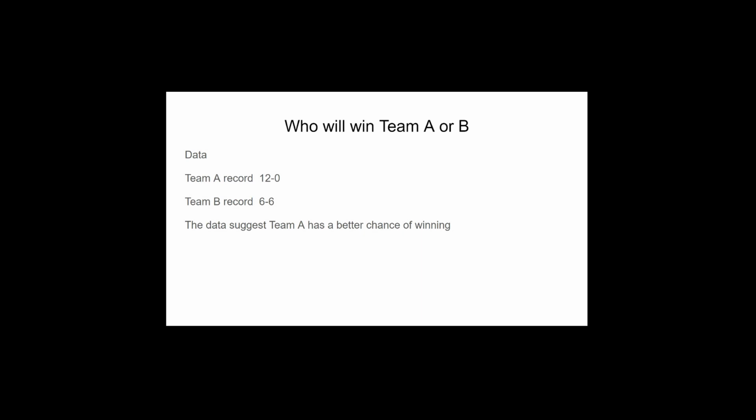Of course, if you dig deeper and get some more data, like, historically, how often did a team that was 12-0 play a team that was 6-6? How often did team A win? Let's say it's 70-80%, whatever it is, then you could start creating estimates.